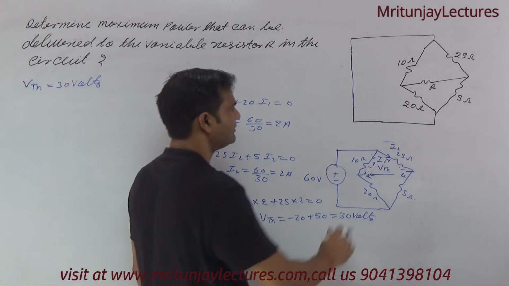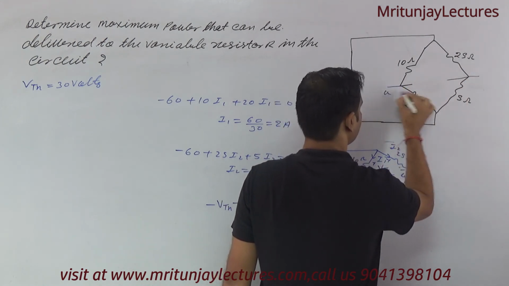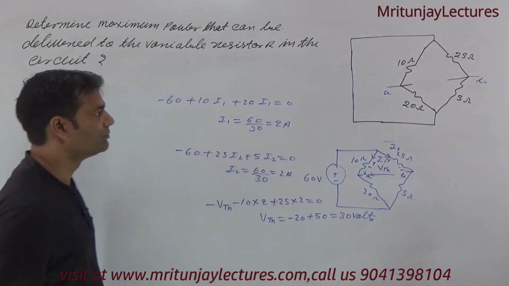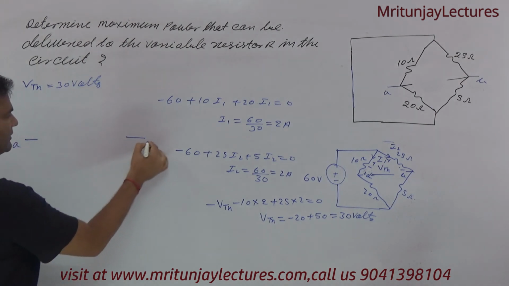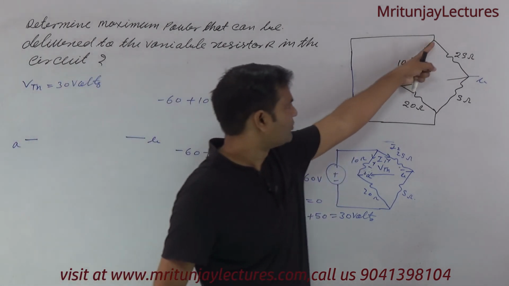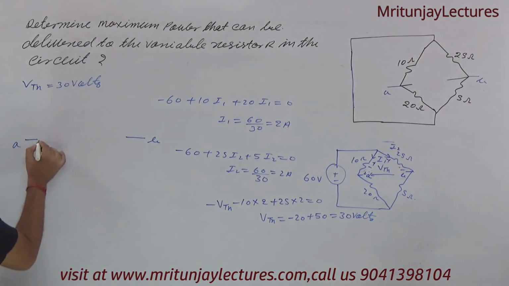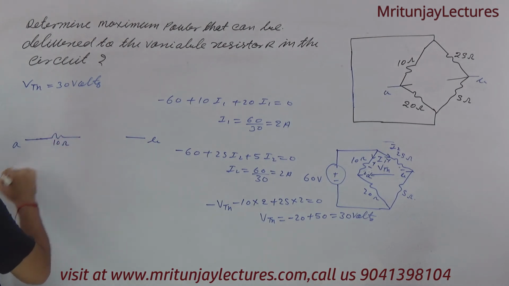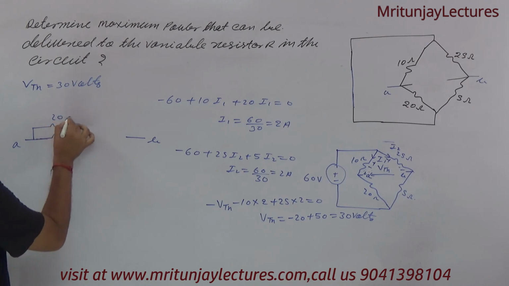That is A and that is B. Both are at the same potential, so this portion and this portion connect to each other, meaning the 10 ohm and 20 ohm are also connected.